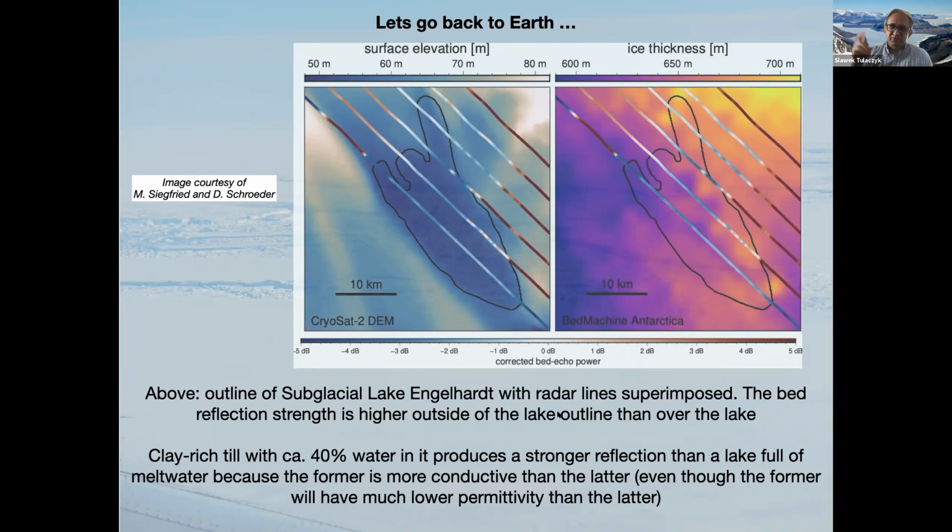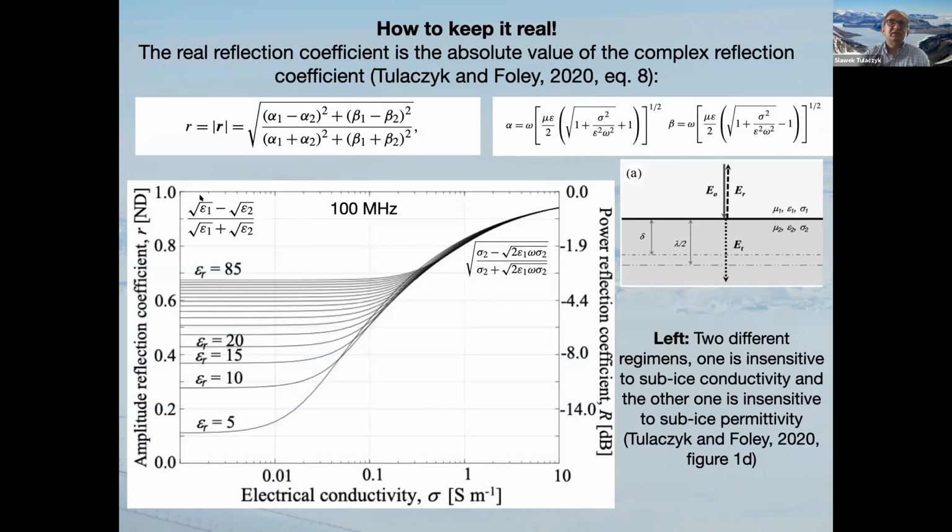It's like 30 to 40% clay, it has 40% water, and it's highly electrically conductive. And this is why that till can give you a stronger radar reflection than pure water, than 100% water, which would be impossible under the permittivity-only formulation. Under the permittivity-only formulation, when you have pure water, you hit about 67% amplitude reflectivity, and you can't get any higher.